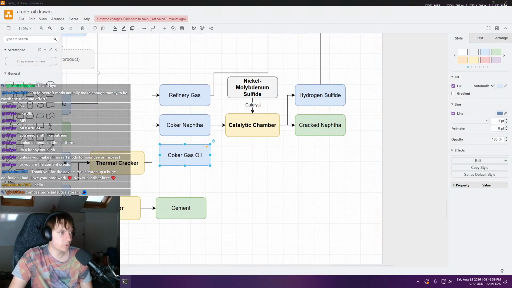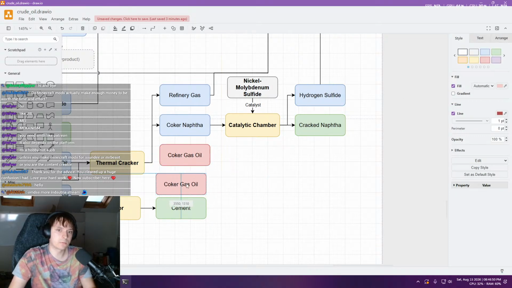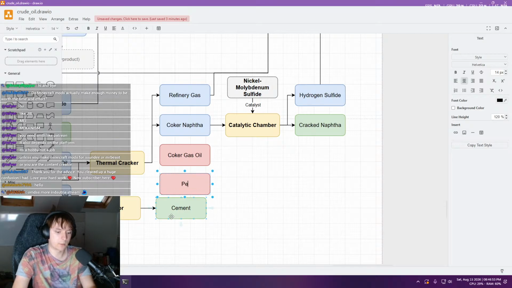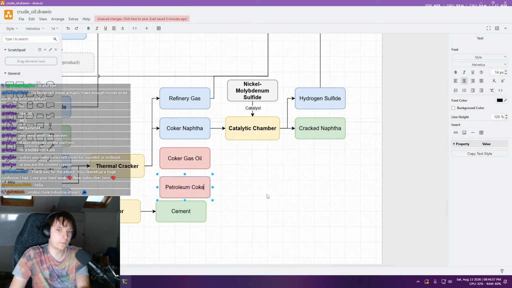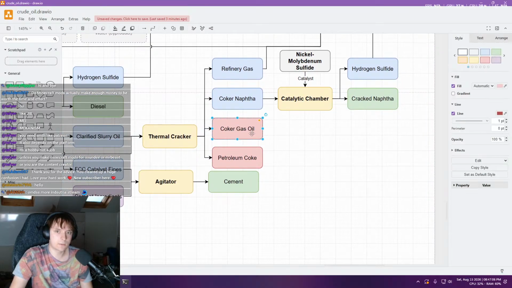I kind of want to just not add those ones because they're not particularly useful. Or maybe we should just make them red, like petroleum coke, and then we make it so they don't go anywhere. So they're basically exclusively for this process, and after that they just don't go anywhere.